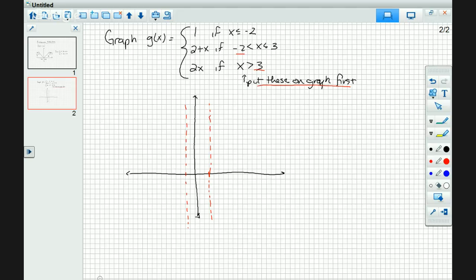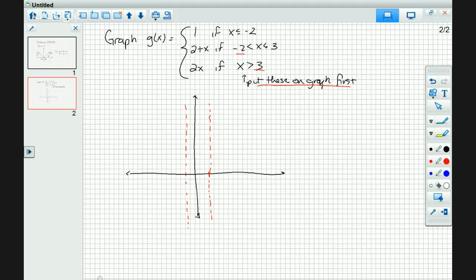The 3 sections give us 3 functions. Now there are lots of ways to approach this part. I'll do it a couple different ways for you.